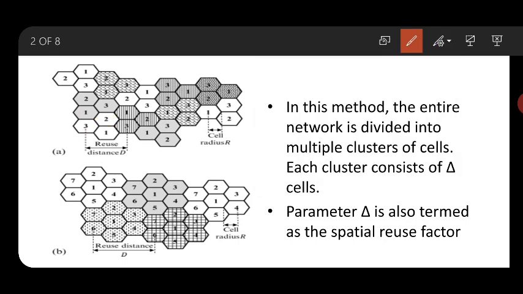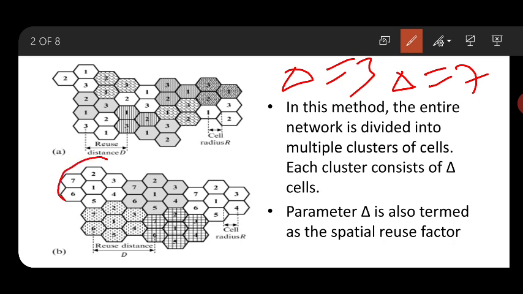Now delta here is 3. Delta can also be 7. If I mention 7, I hope you can see it in diagram B. In the group of cells, there is 1, surrounded by 2, 3, 4, 5, 6, 7.